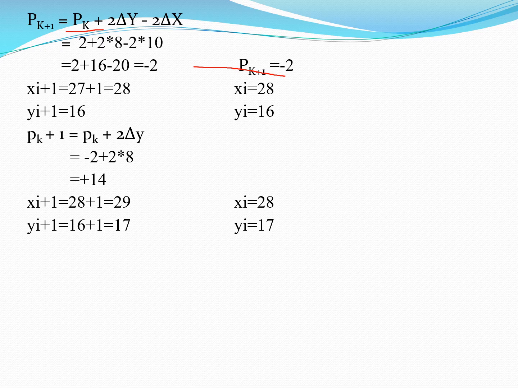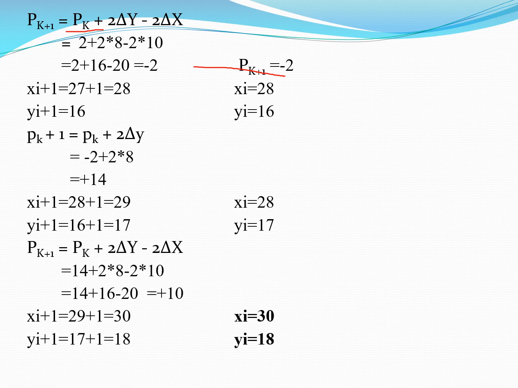Positive 14 means we increment the x and y both by 1. So 29 plus 1 is 30, 16 plus 1 is 17. So it is positive. Using the same formula, again we get a positive value, which means we increment the x and y values by 1.